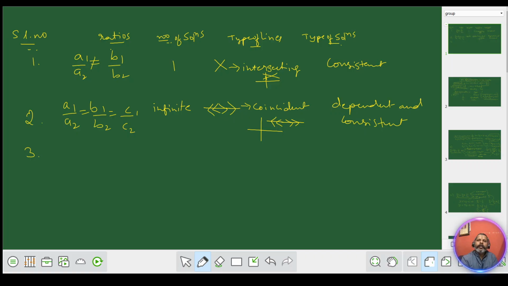You will understand when we plot a graph taking examples. Third one: what is the ratio we just learned? A1 by A2 equal to B1 by B2 not equal to C1 by C2. Then the number of solutions is 0. Remember that. Type of lines: they look like parallel lines.